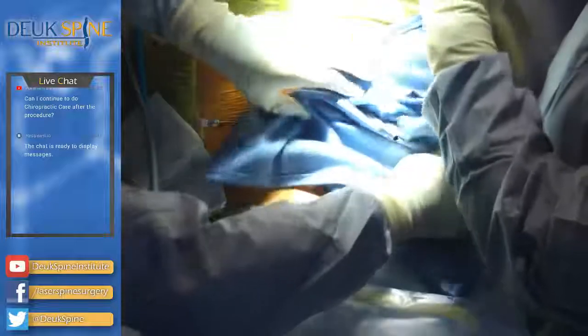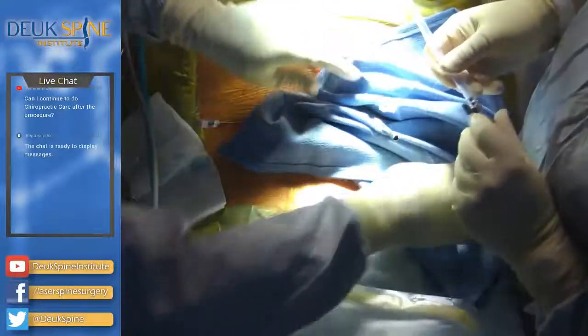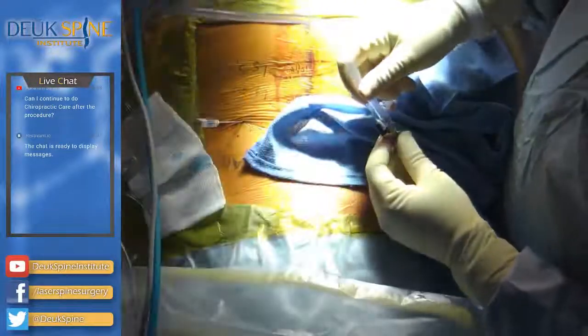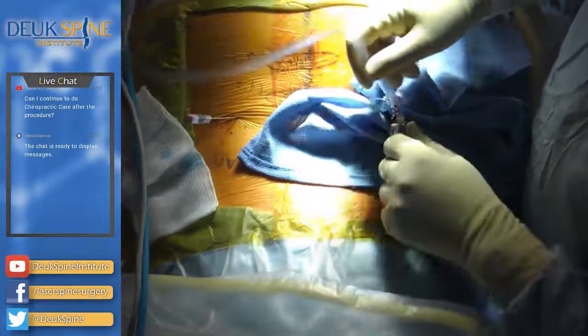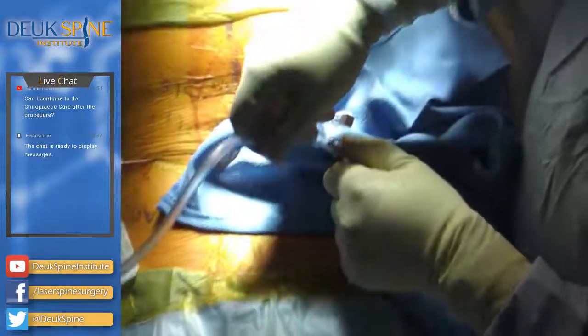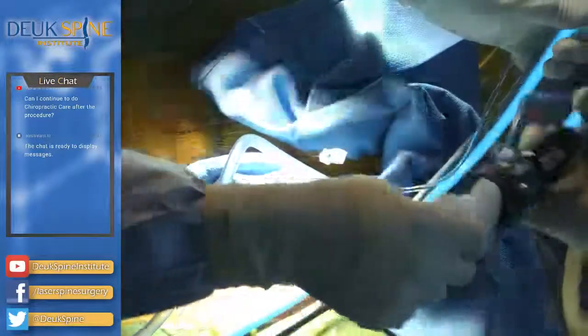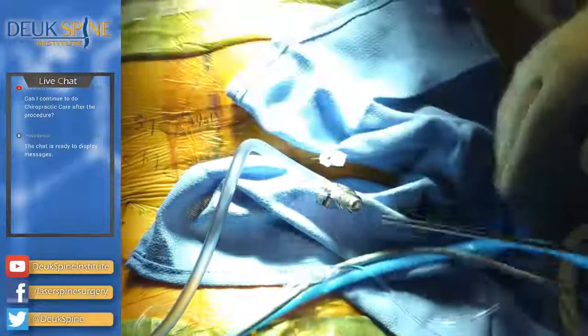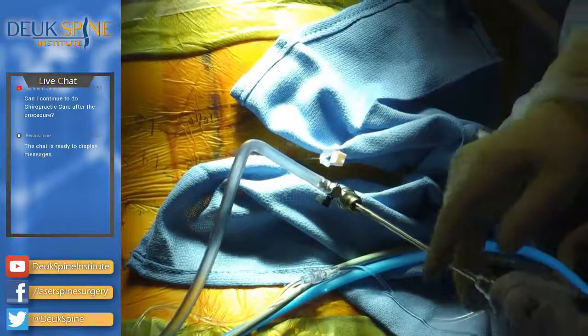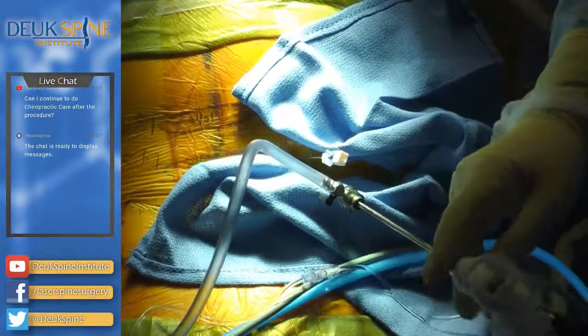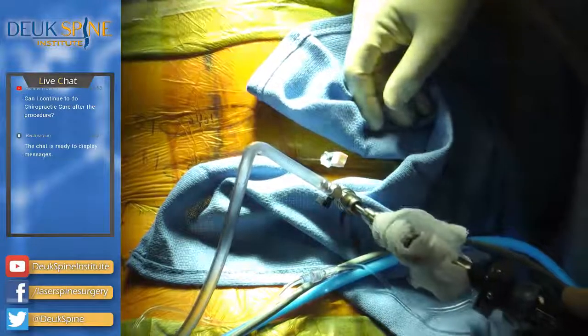They go intralaminar, translaminar, so they actually remove bone. I don't do that. I don't think it's necessary or advisable. And they don't treat things like this. They treat soft herniations that are compressing the nerve root. I treat the annular tear.